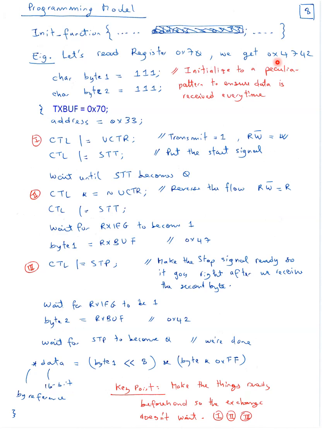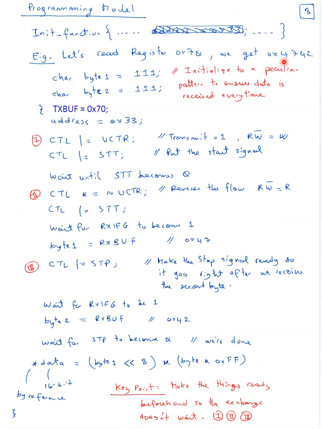That's the number of our class, just as an example. So this setup is the same setup that we did in class. So we go to I2C device 33, internal register 70, and when we read that, we get the 16-bit value that you see here, 4742. These are the 2 bytes we're gonna get.